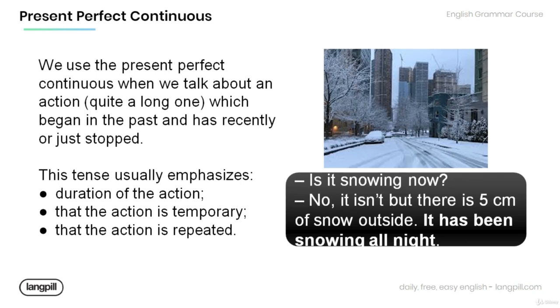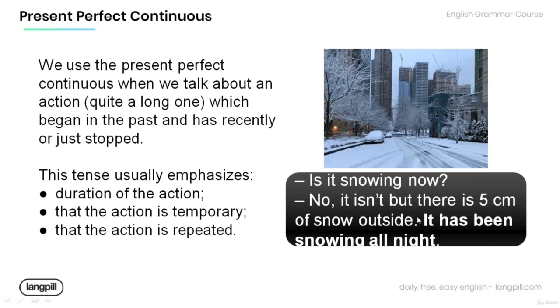Now, this tense usually emphasizes: 1. The duration of the action, 2. That the action is temporary, and 3. That the action is repeated. Now, have a look at the example over here. Is it snowing now?